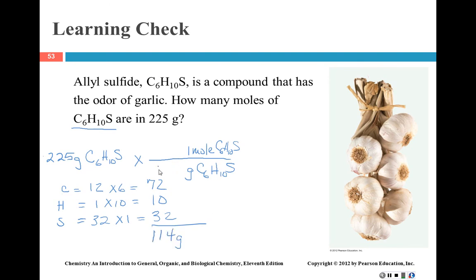So 1 mole of allyl sulfide should weigh 114 grams. And so grams cancel. And so we should then be able to say 225 divided by 114 gives us 1.97, or 2 moles of C6H10S.